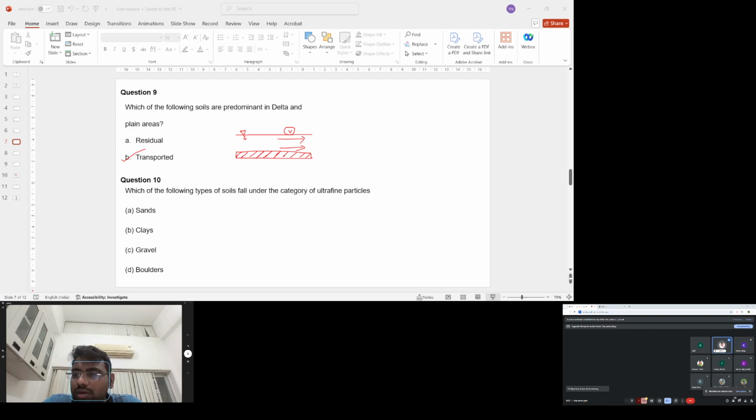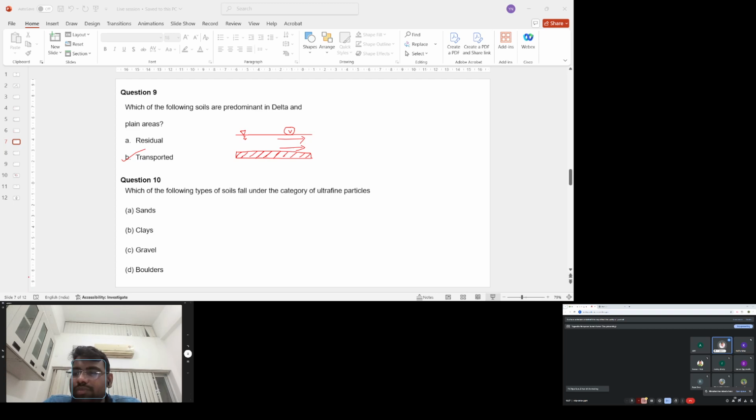So what is meant by boulders? Sir, the bigger particle rock. Its size differs compared to the other three options. Particle size greater than 80 mm, then we call it boulders.